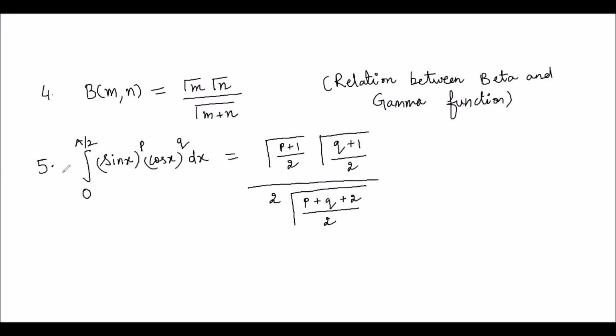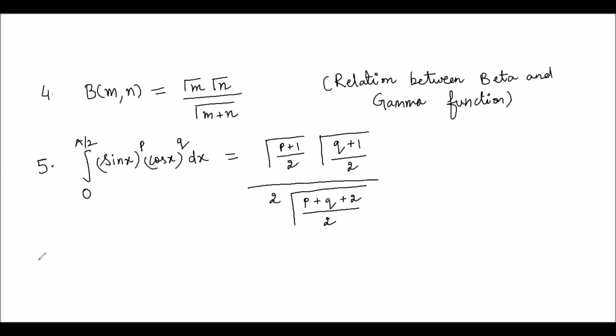So if we need to find this integral in which we have some powers of sin x and cos x in our integrand, and the limits are from 0 to pi by 2, then by using this right hand side, we can easily evaluate this integral.